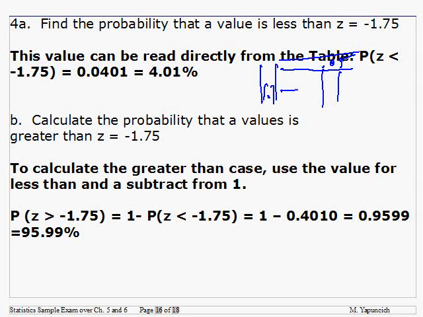Where those two intersect, there's your value. Okay, what is the probability that the value is greater than that number? You have to find the probability that it is less than that number, and subtract it from 1. Right, so here's 1 minus the probability that it's less than that, which you already know, and so there's your answer.